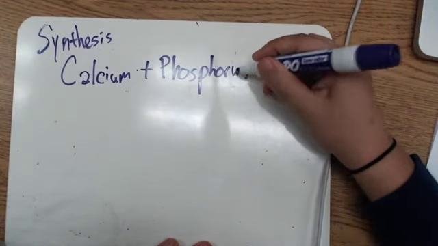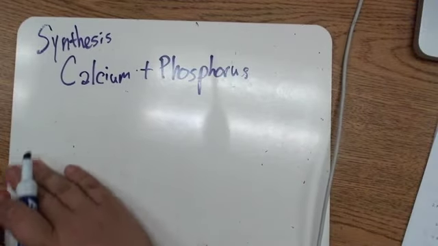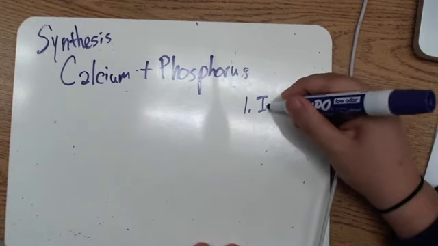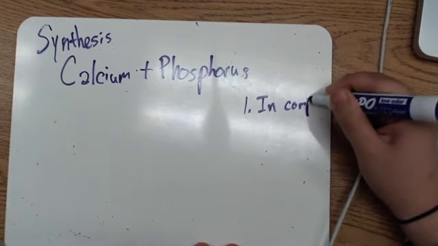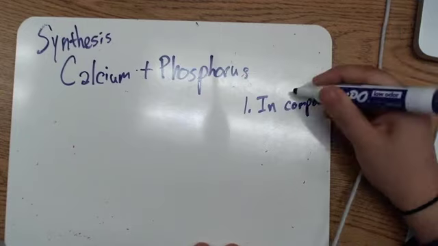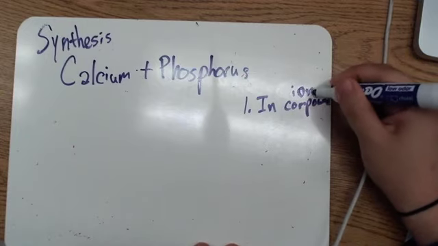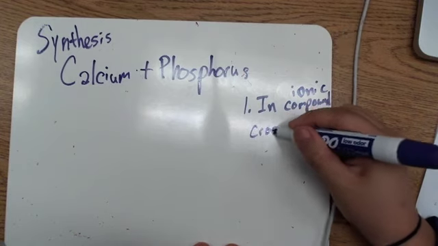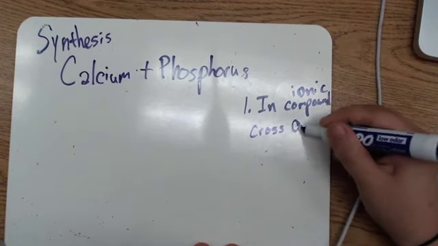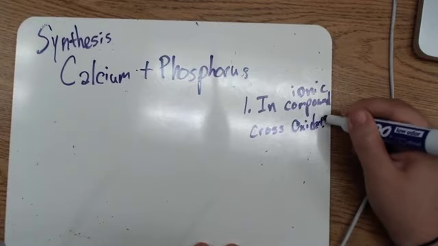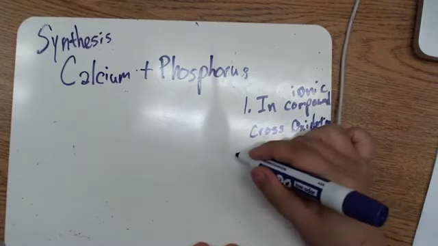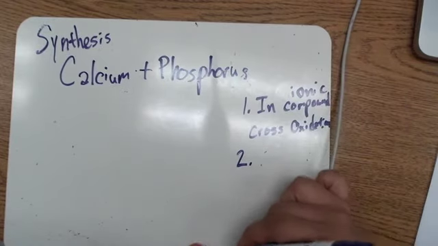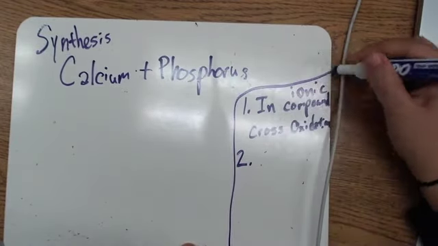Okay, so now we're going to get to the things that we need to be careful of. Let's make sure that we understand the notes here. First, in ionic compounds, you cross oxidation numbers.